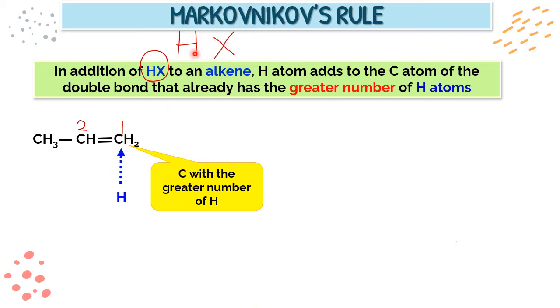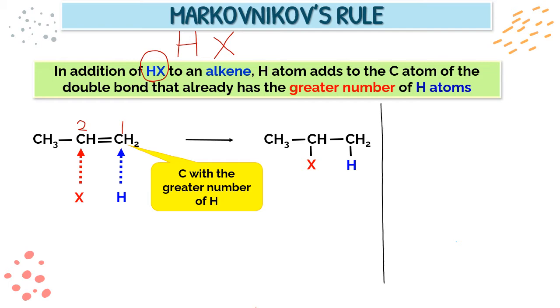Thus, X, which is your halogen, will be added to carbon number 2. And this will be the product. So this is if you are adding H and X, giving an alkyl halide.